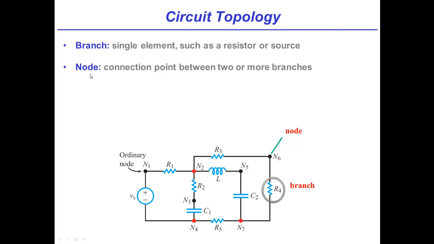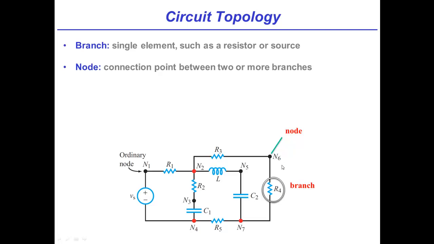Then what we do is we now start talking about what happens when we start putting elements together. And in particular, we define something called a node. A node is a connection point between two or more branches. So if we look at this schematic shown over here, you'll notice that I've highlighted various entities with a label N. For example, I have N1, N2, N3, N4, N5, N6, and N7.